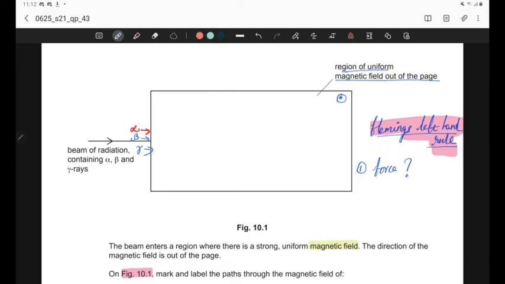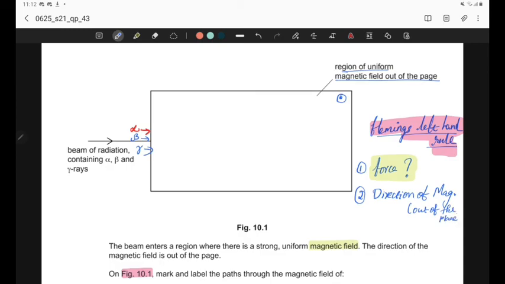In that direction the alpha particle will move. So the thumb direction is the unknown direction here. And the second finger, the index finger, will represent the direction of the magnetic field.